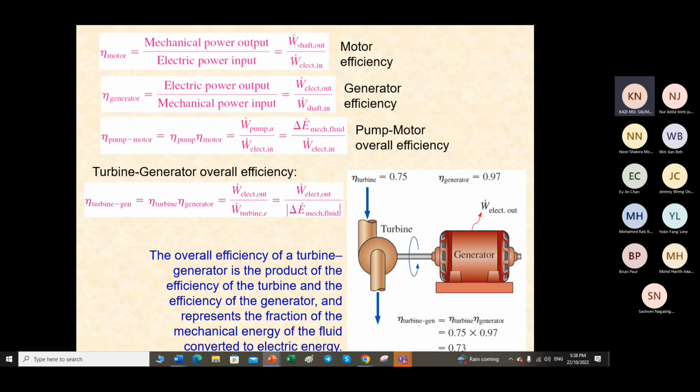So in this case, if we consider the turbine and generator efficiency, then we can say eta turbine times eta generator. You see here, eta turbine and eta generator.